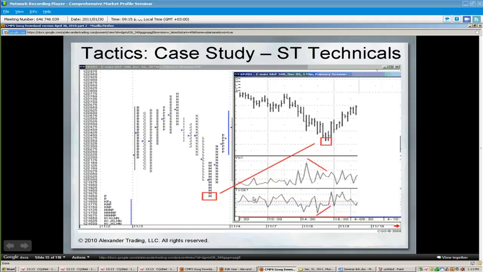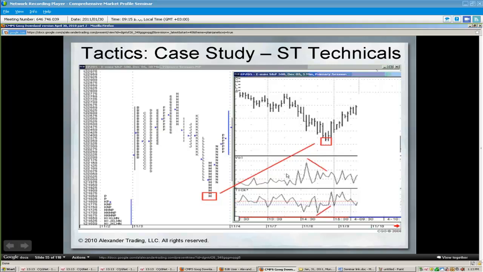Now we do look at tick in the room, and tick is the net change at a point in time between the stocks traded on the bid versus stocks traded on the ask. And it will tend to diverge at extremes. Frankly, it's almost always going to give you the same information that volume is going to give you, and so in the interest of keeping things simple, I would just use volume.